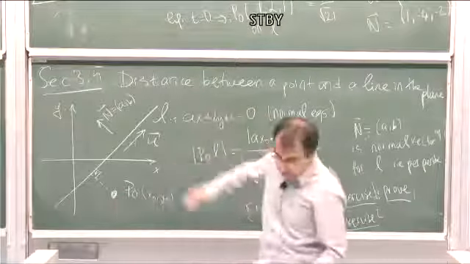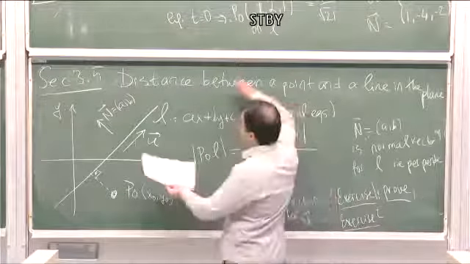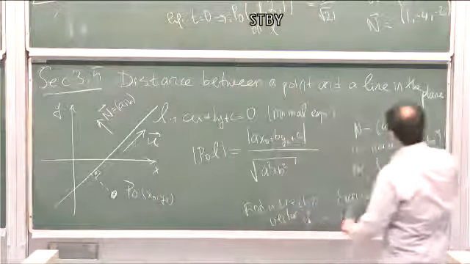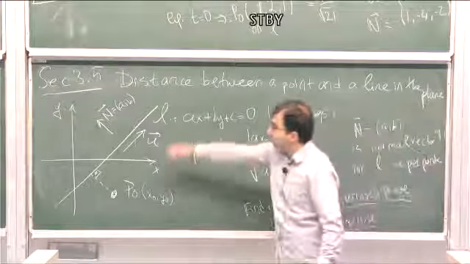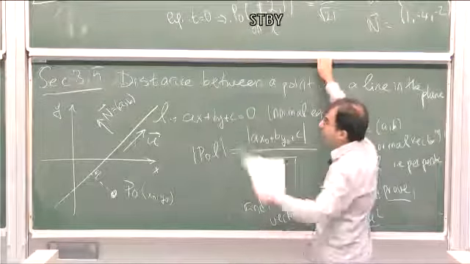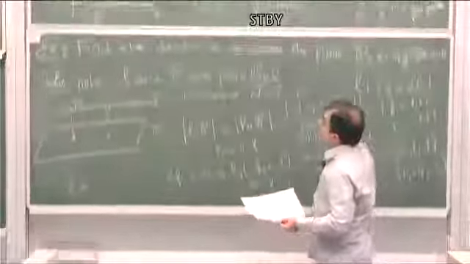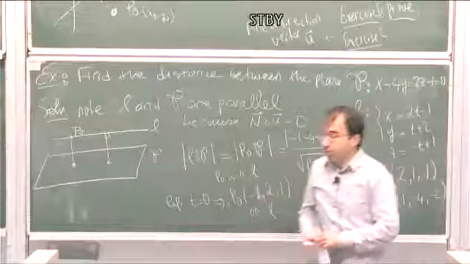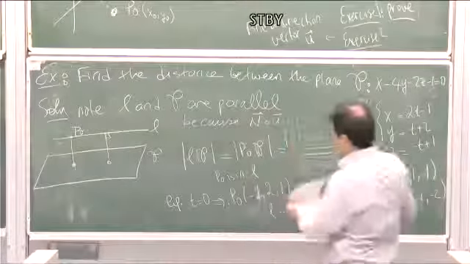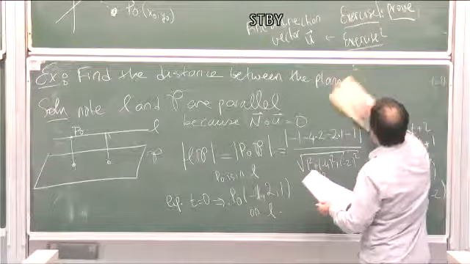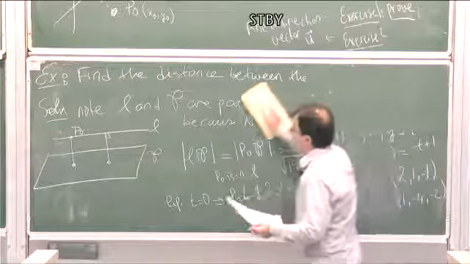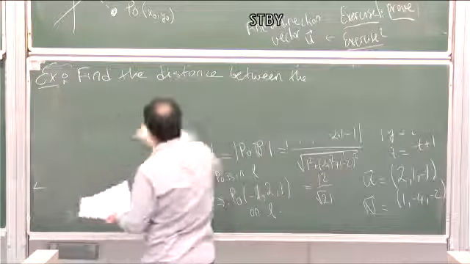I strongly suggest you find these and also consider some examples, for example, y equals x plus 1, or x plus y equals 1. So do it on concrete examples yourselves. Anyway, let's take examples for distance in the plane.